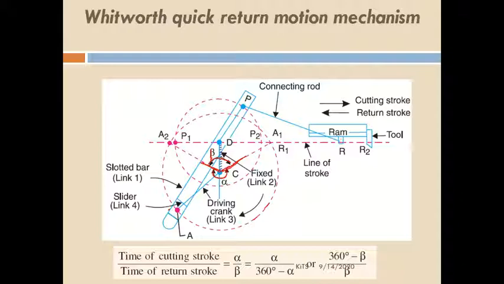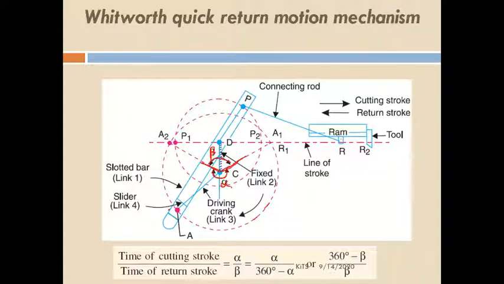Beta is the angle traveled by this mechanism during the return stroke, or the angle during which the ram quickly returns to its original position, and alpha is the angle during which the ram moves in the forward motion or cutting stroke.